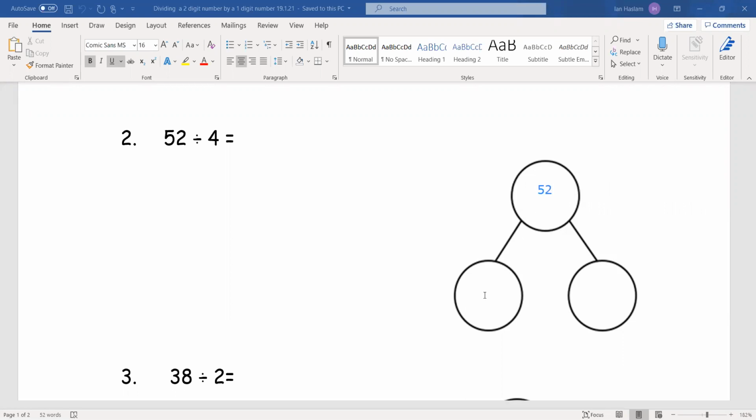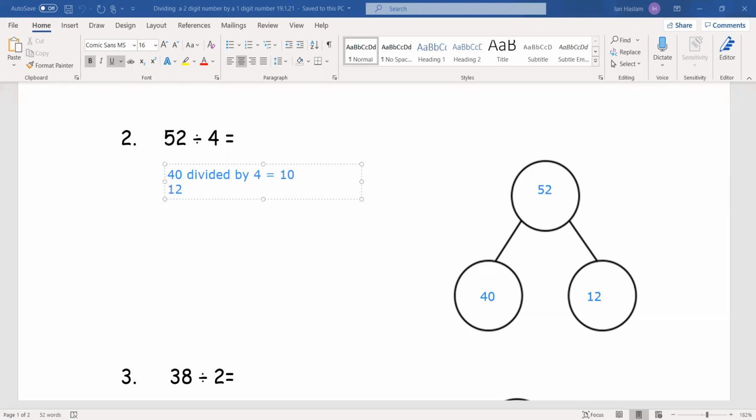And I'm going to split my number 52 up into 40, because I know that's 10 lots of 4. And then the difference between 40 and 52 is 12, and I know that 12's in the 4 times table. So 40 divided by 4 equals, and I've told you that I know this, it's 10.